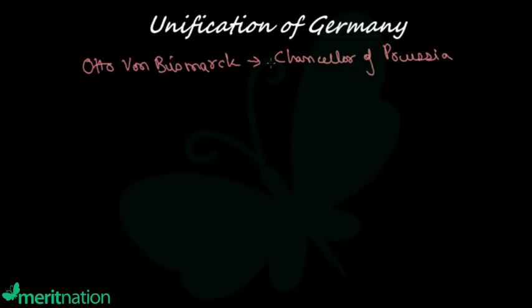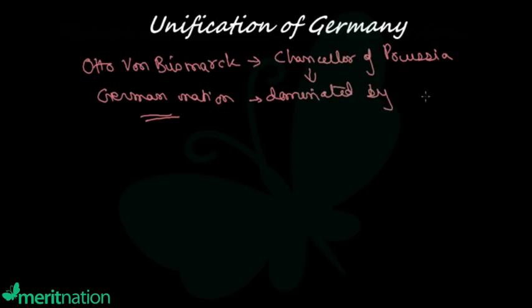As Chancellor of Prussia, he wanted the establishment of a German nation, but he wanted the unified German nation that would be formed to be dominated by Prussia.